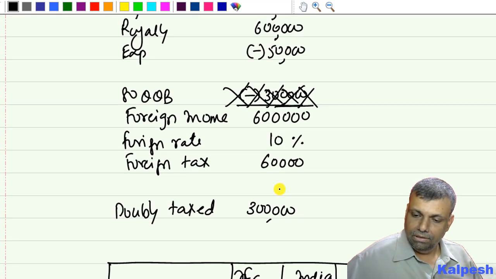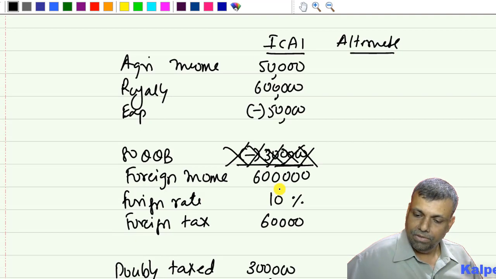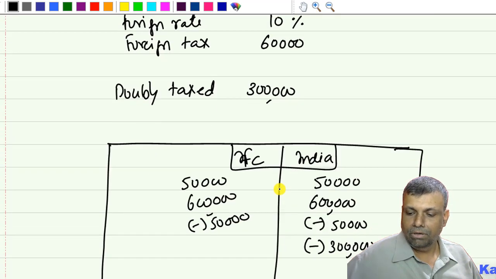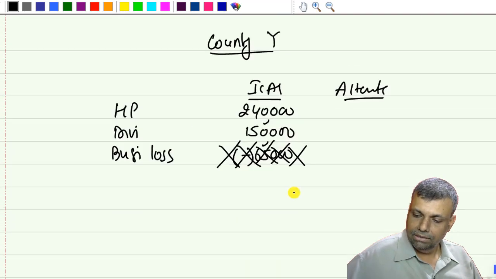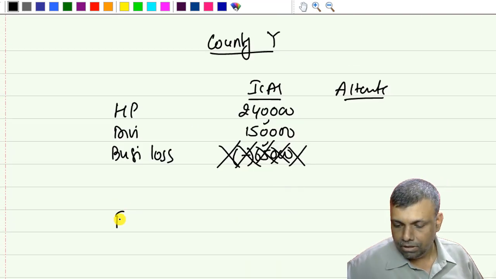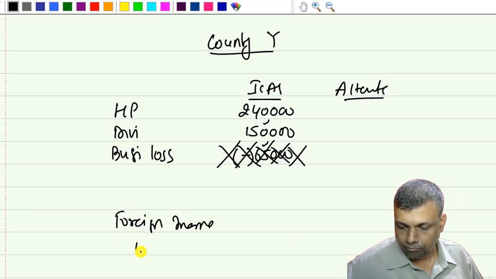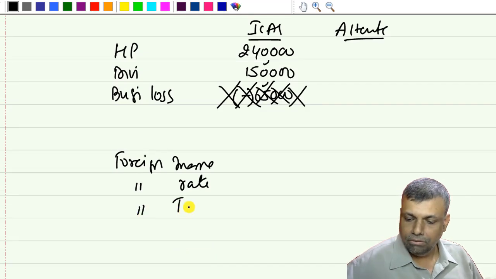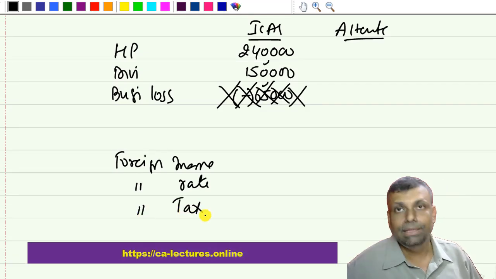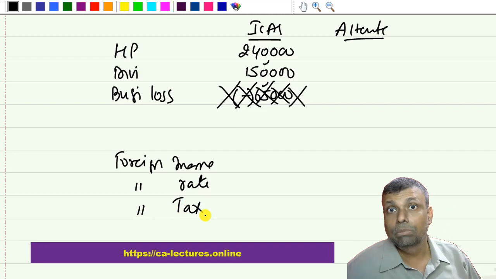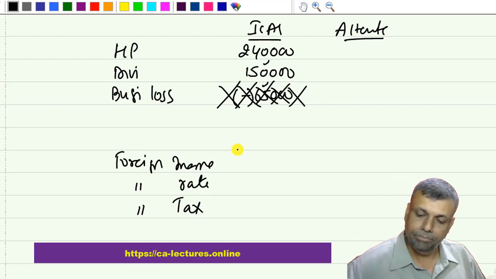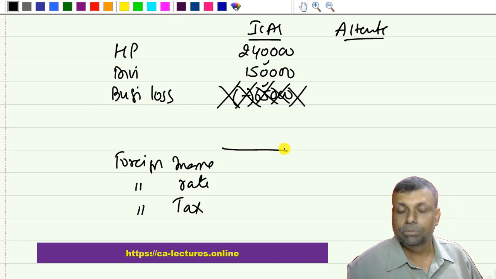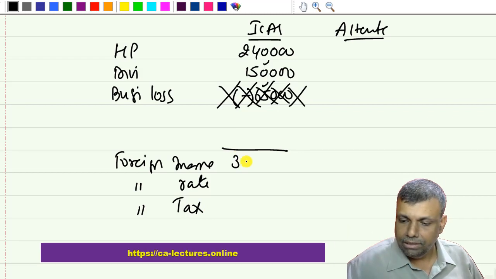Okay. Now with this, you will require foreign income, foreign rate, and foreign tax. Whatever is the foreign tax that you are going to pay in that particular country. So if somebody asks you how much tax have you paid in that particular country, the foreign income as per the law of the foreign country is 3,90,000.